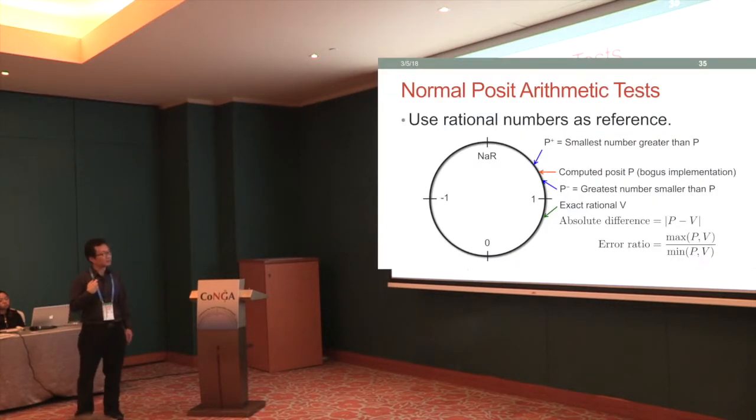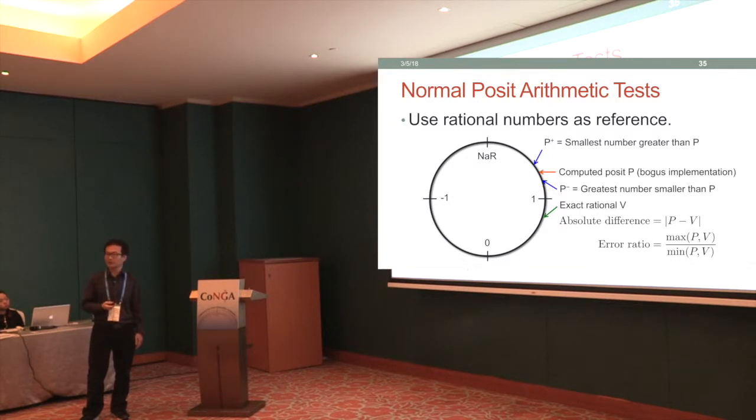So for testing the normal posits, let's say you get a posit implementation to test, and it produced a P result here. Since we can represent posit numbers with rational numbers exactly, including the result of division, we use rational numbers as a reference to perform the same operations and generate the exact value.